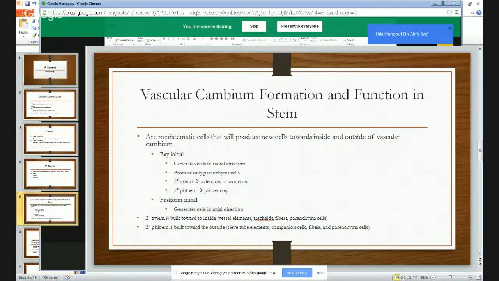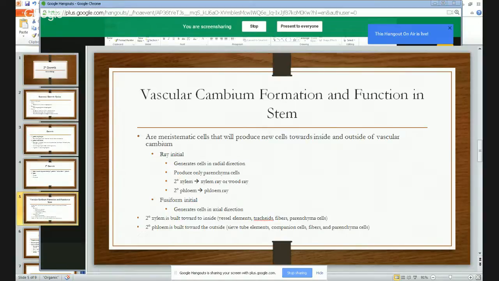Actually, I think we'll talk more about it tomorrow. I'm kind of jumping ahead, but your phloem rays are going to help your vascular cambium enlarge itself, so that way it doesn't burst.